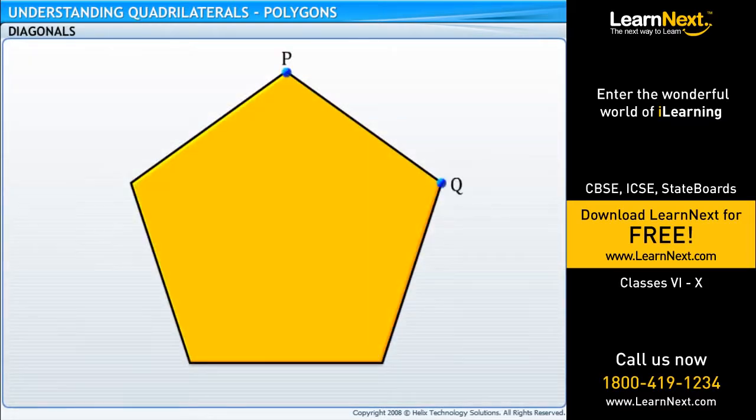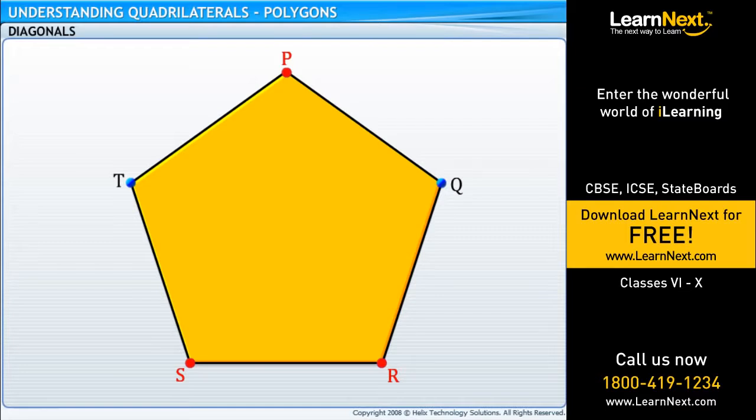Let us now learn what a diagonal of a polygon means. We know that each side of a polygon is connected by 2 consecutive vertices of the polygon. Now, we take 2 non-consecutive vertices of a polygon and try to connect them. Let us consider vertex P. The consecutive vertices are Q and T. The rest of the vertices R and S are non-consecutive vertices.